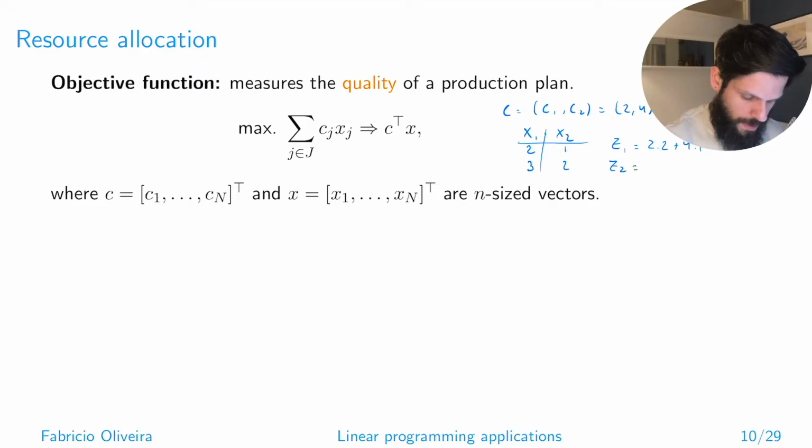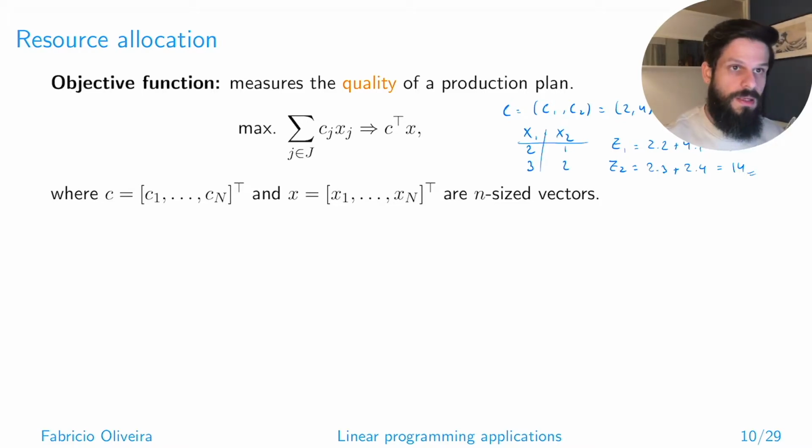And the value of plan 2 is 2 times 3 plus 4 times 2, which is 14, I think. Yeah. So clearly, plan 2 is a better plan than plan 1.